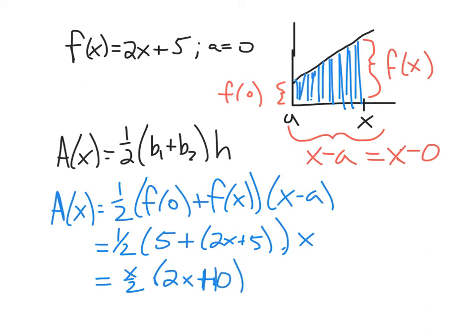Sorry, the pen I'm using isn't as good as I'm used to. And then finally what we're going to have is x squared plus 5x. Okay, and so this is our area function that we've created.